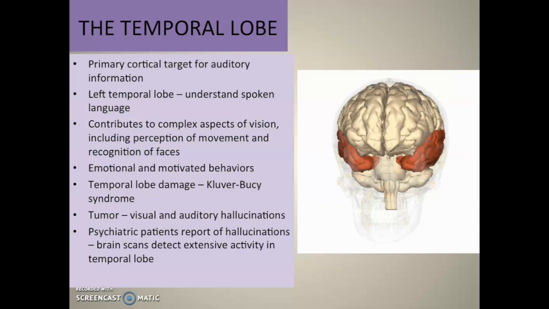It is noticed that individuals who have damage to the temporal lobe tend to have a syndrome called Kluver-Bucy syndrome. This syndrome is basically a group of symptoms. So a person with temporal lobe damage tends to have a group of varied symptoms, like inappropriate responses.